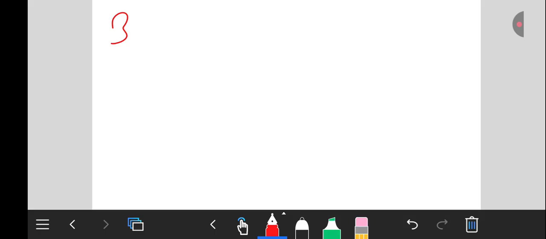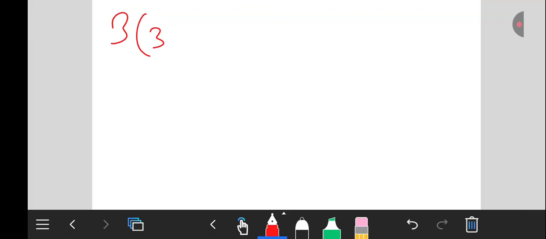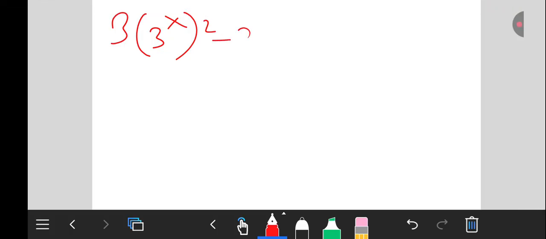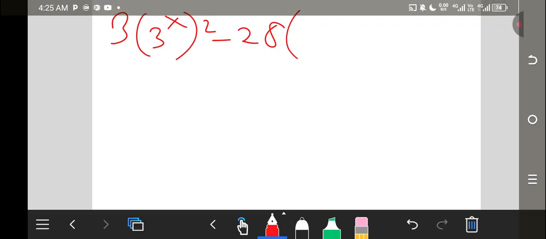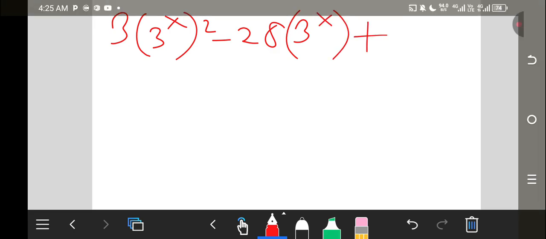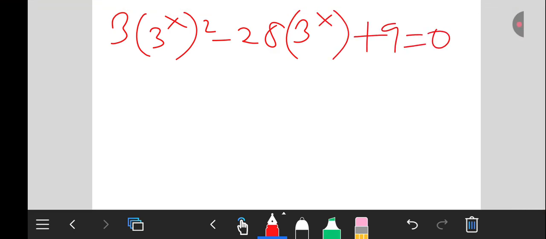Since it was 3, open bracket, 3 raised to the power x square minus 28 raised to the power 3x. Okay, let me write it properly. 3 to the power x plus 9 is equal to 0.